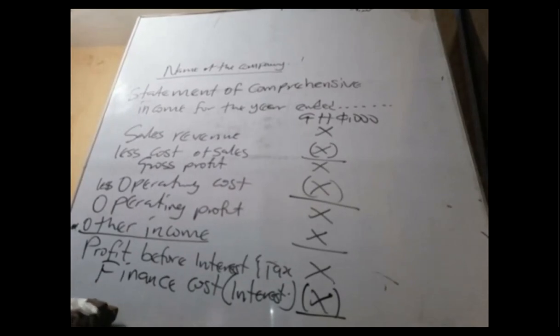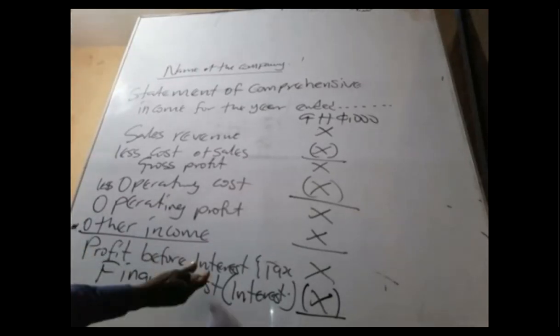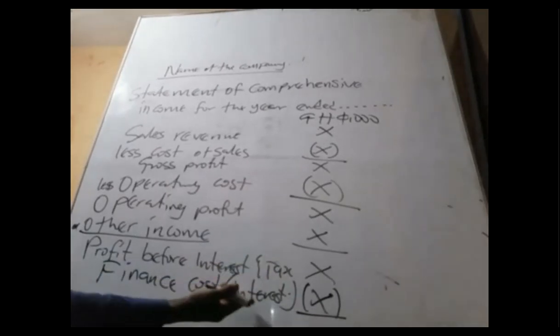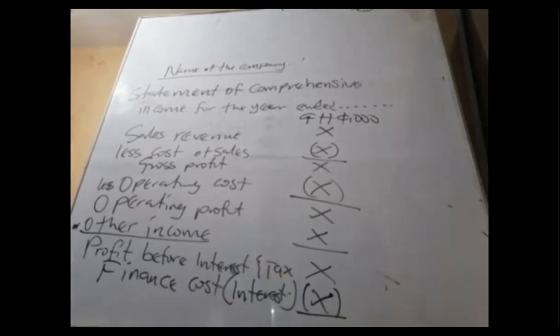If you tell me that you are at Sakaman, that means you know the road. You know the route. So it means that we are before tax. So after interest, you get what? Profit before tax.